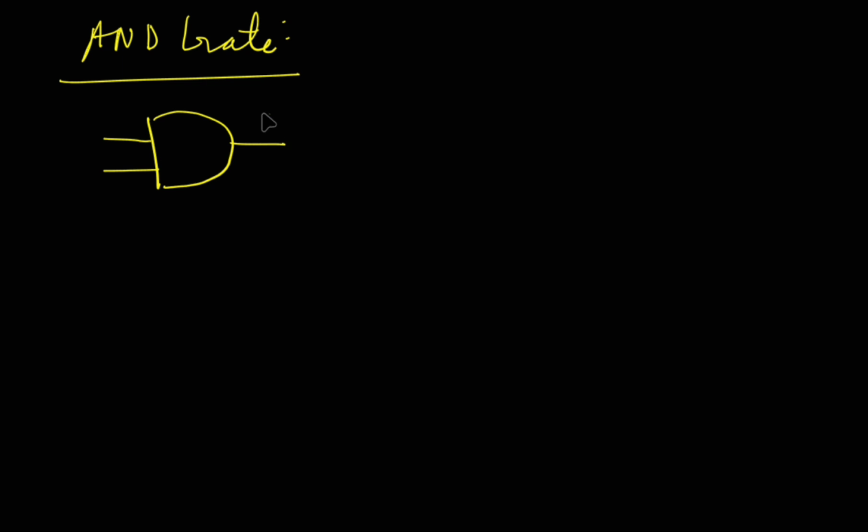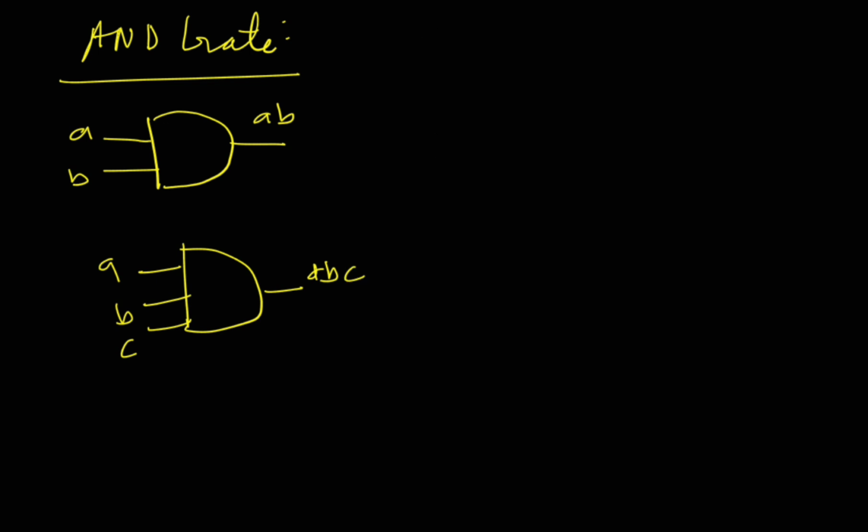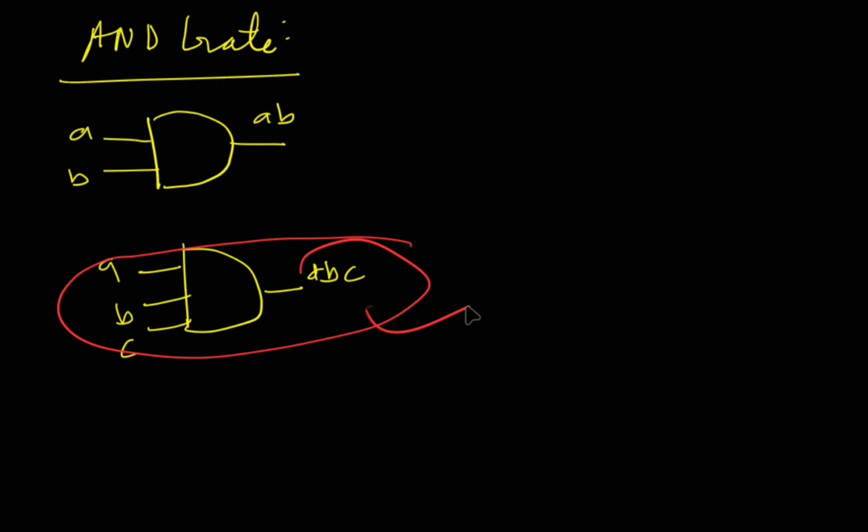This will give you AB. And this is your 3 input AND gate. It will give you ABC. If you go to the market, will you find this? If you want, you can create this. But in the market, you will find only standard sizes. It is also very hard to find.